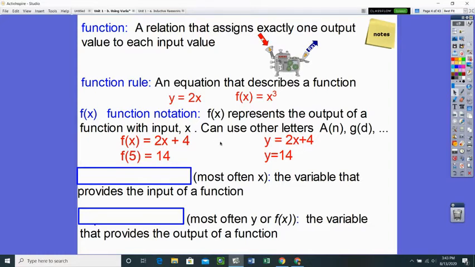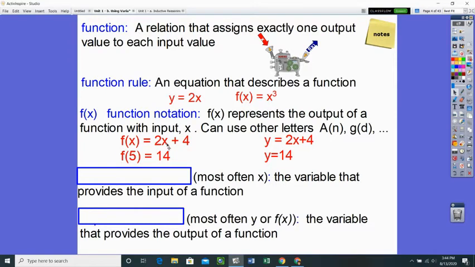I have the exact same function rule here. Do you notice it? And this function, this machine, is going to take your input, whatever number you put in for x, it's going to double it, multiply it by 2, and add 4. And notice it's the same in either case here. Now, what is the value of this notation? Well, you'll notice here that the x got replaced with a 5. When I replace the x by a 5, that's f of 5. I'm saying, what is the output of this function if the input is 5?